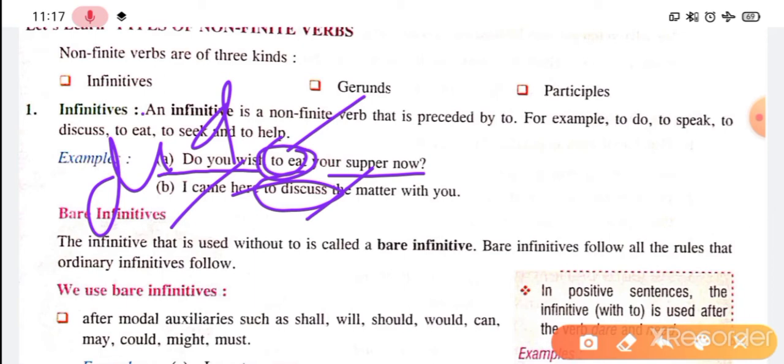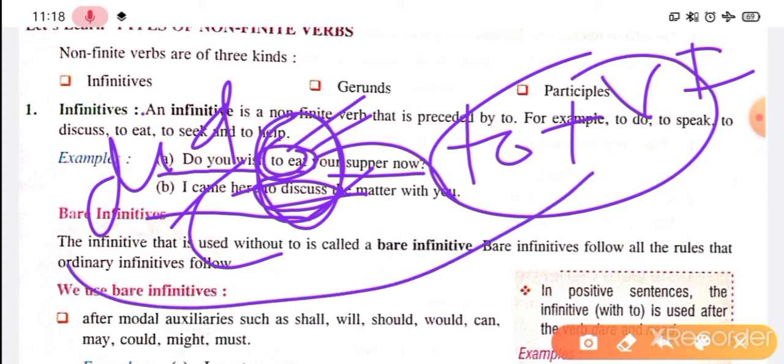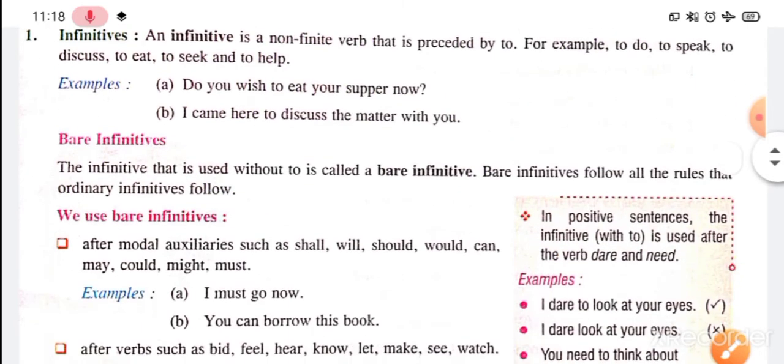The do changes into did because of the tense, but this is not changing, right? I came here to discuss. I was coming here to discuss. If you change the tense, to discuss will remain the same. So the verb which is remaining the same is non-finite, and as the type is to plus V1, we call it an infinitive.